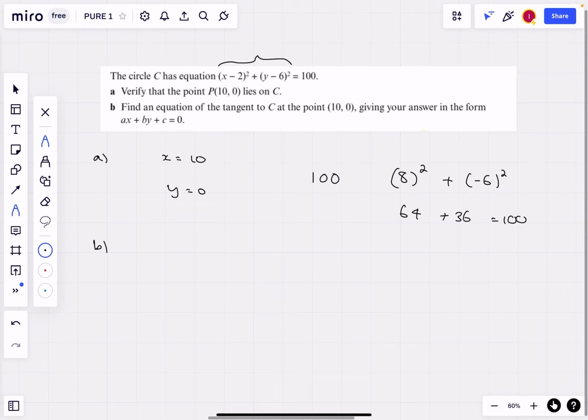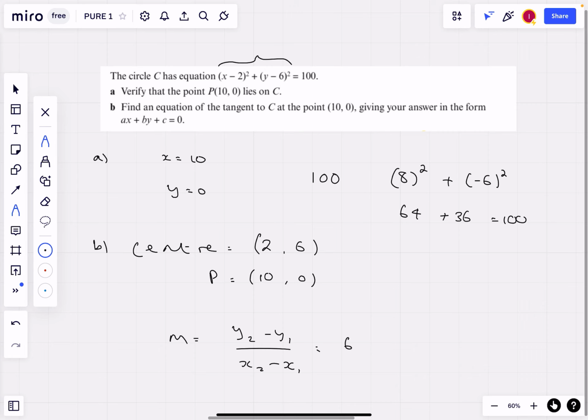Okay, what's the center of the circle going to be? (2, 6). And you've got the point (10, 0). So you've got two coordinates. Work out the gradient of the line connecting your center and the point P. You're going to do y2 minus y1 over x2 minus x1.